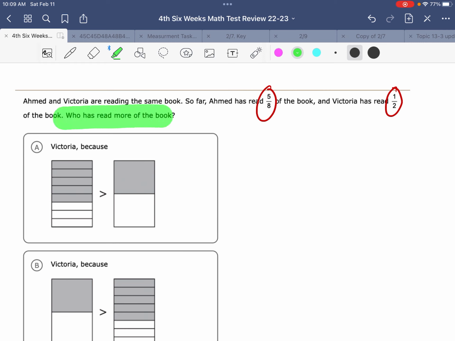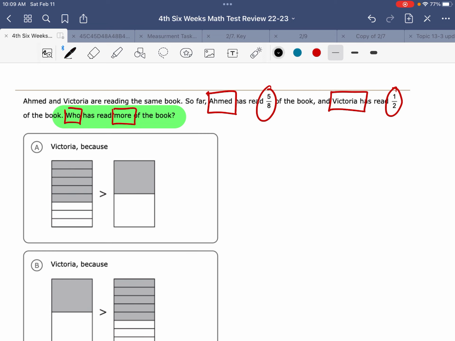Who has read more of the book? I'm going to box in my keywords: more, who. And I'm going to box in Ahmed and Victoria. So it's asking who has read more of the book, Ahmed or Victoria.